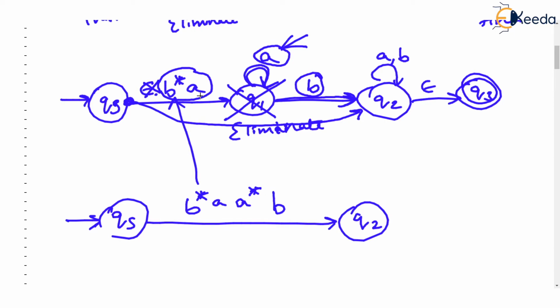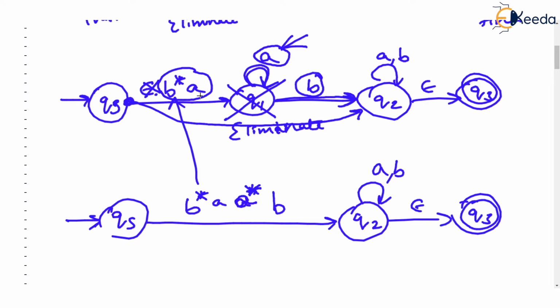I hope you are understanding that this star is applicable only for this A. Okay, and now we have a loop on A comma B and then an epsilon transition to Q3, which is the final state.